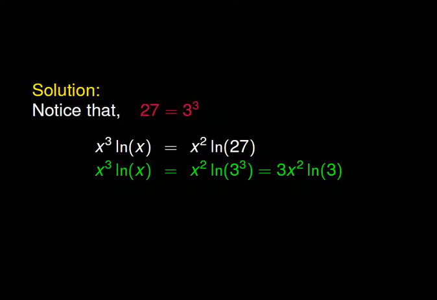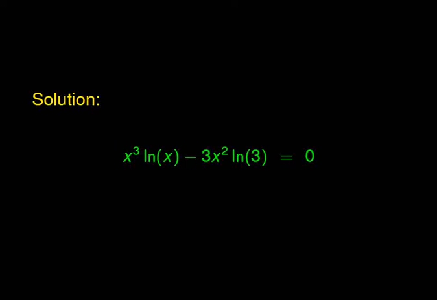Note that 27 is an exponential number. In fact, 27 is 3 to the power 3. Now the equation is x cubed times log of x equals 3x squared times log of 3. Then we move 3x squared times log of 3 to the left-hand side, and the problem becomes x cubed times log of x minus 3x squared times log of 3 equals 0.